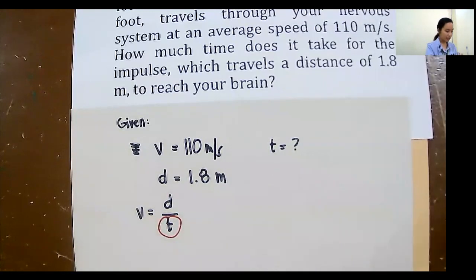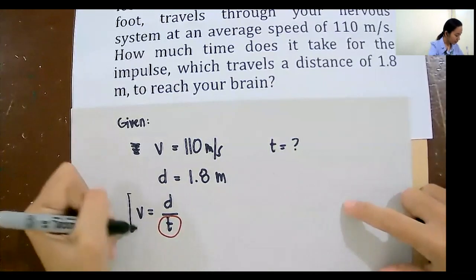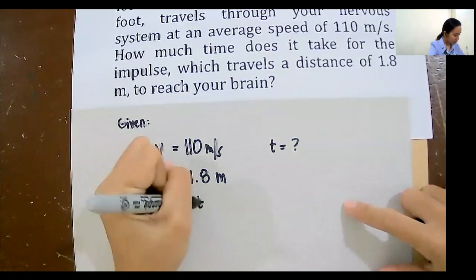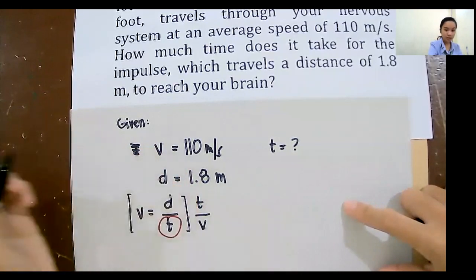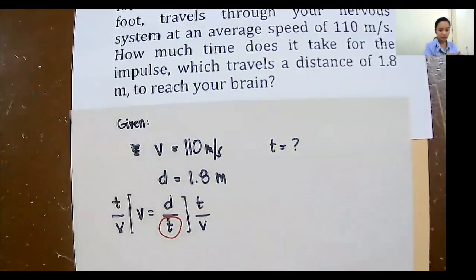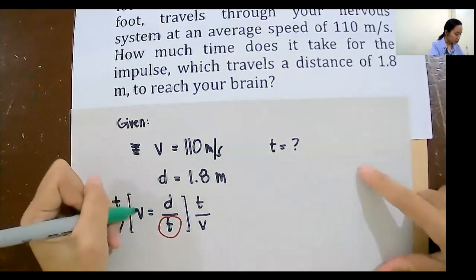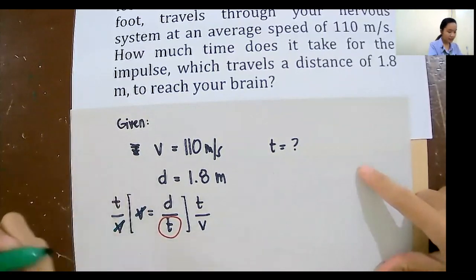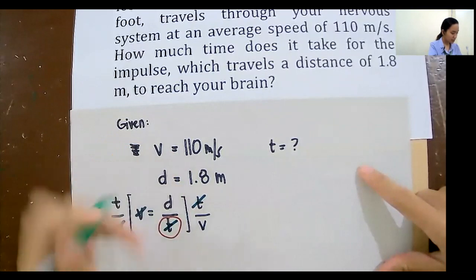You multiply both sides by T over V. This is to cancel out your speed and your time on this side.